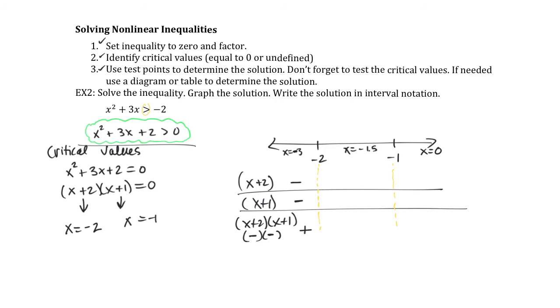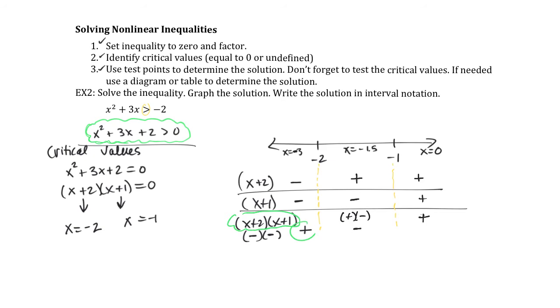Same thing here: -1.5 plus 2 is positive, and -1.5 plus 1 is negative. A positive times a negative is negative. And at 0, we're positive, positive, and positive. Now I'm looking to see when my function is greater than 0.